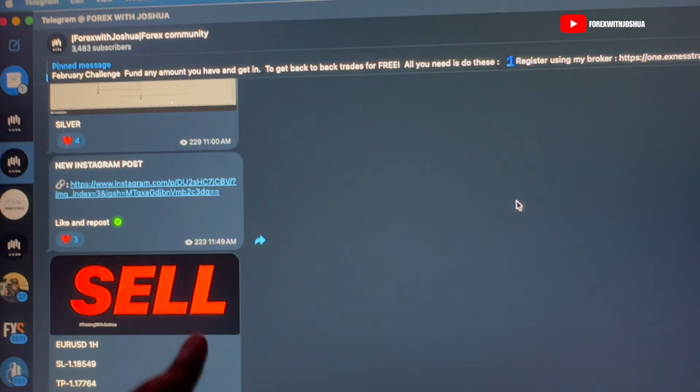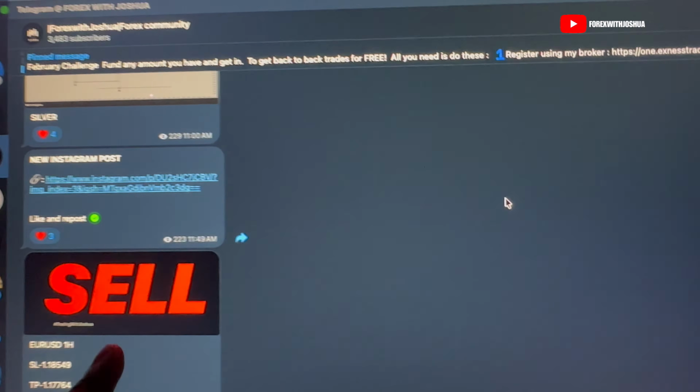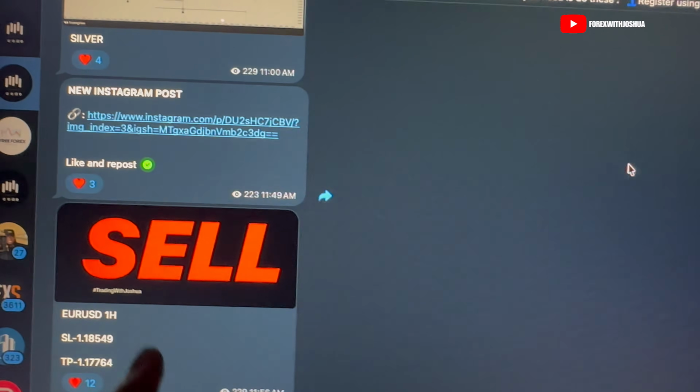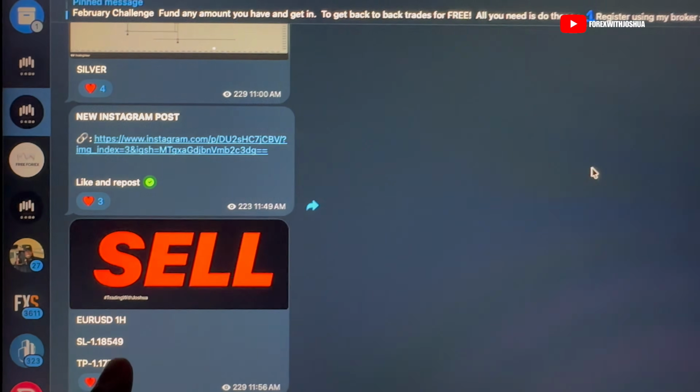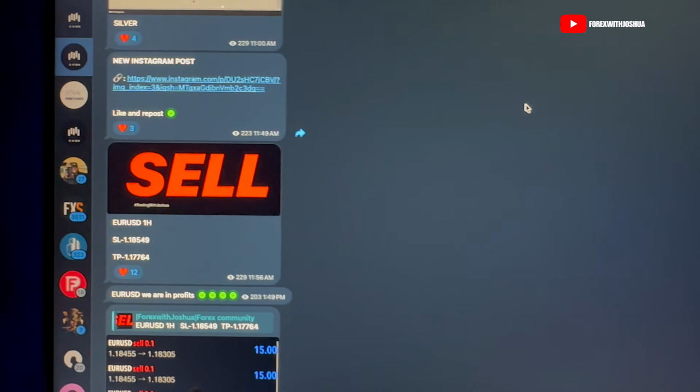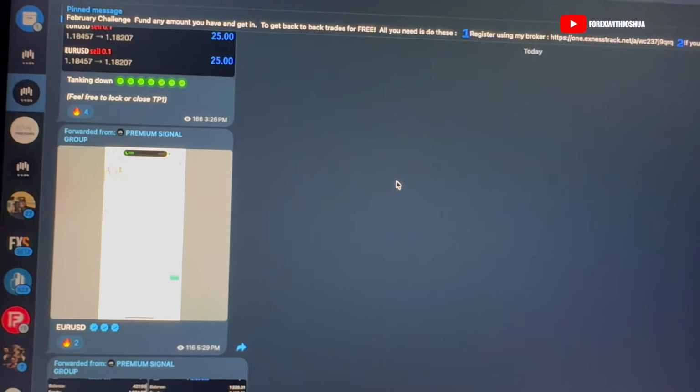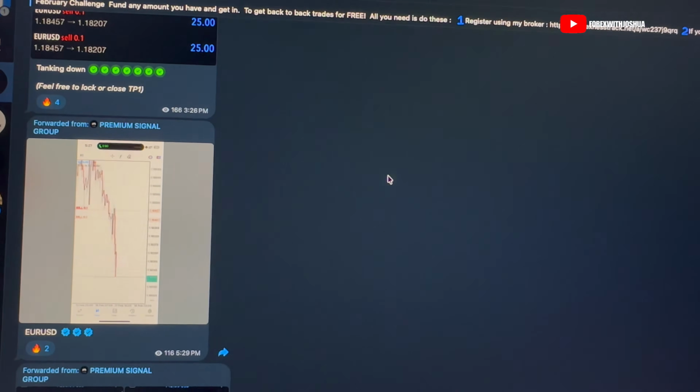Then I shared a free signal in the free Telegram community, which was a sell EURUSD on the 1H with a stop loss and market TP around this particular area. As you can see, the market stayed giving us blues. We were in profits, profits, profits, and you can't believe what has just happened today.